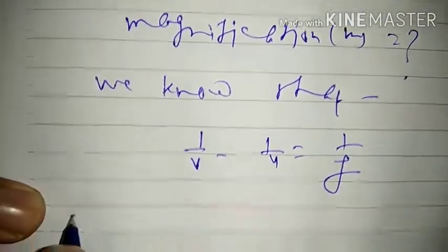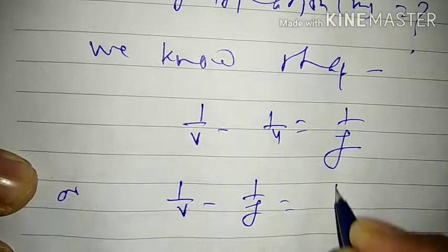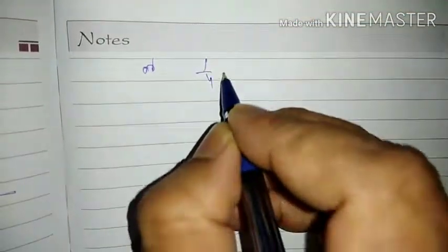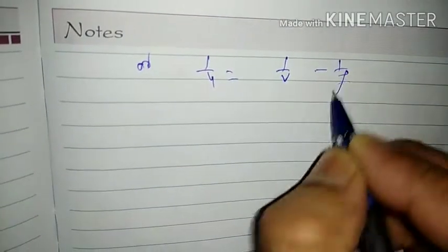So we can write here 1 by v minus 1 by f is equal to 1 by u, or just changing complete sides, 1 by u is equal to 1 by v minus 1 by f.